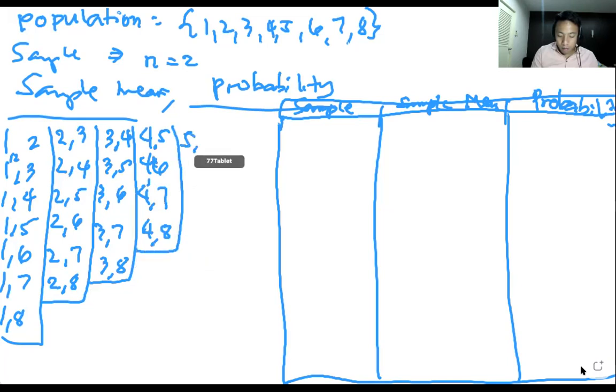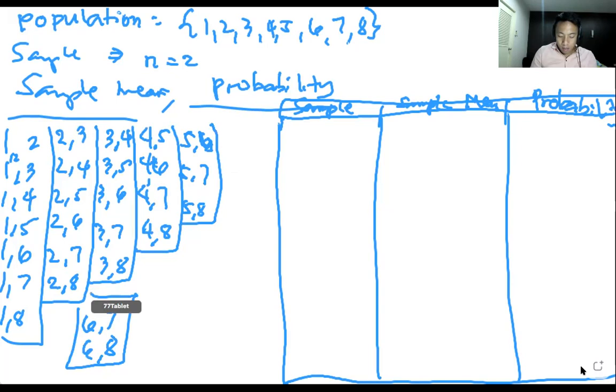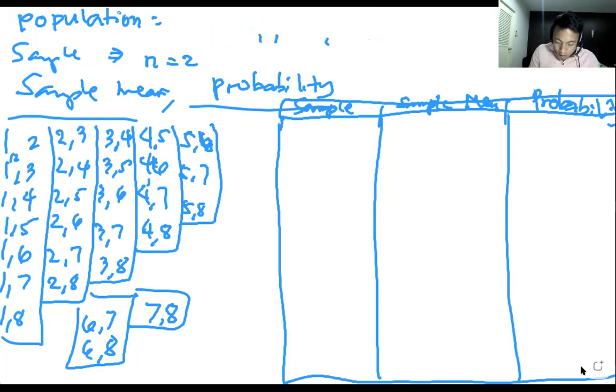And then 5, 6, 7, 8. Marami. Then we have 6, 7, 6, 8. Then 7, 8. Okay, so we will put all of those here. Kulangin yung space natin. So I will erase this part para lumaki yung kasya natin.